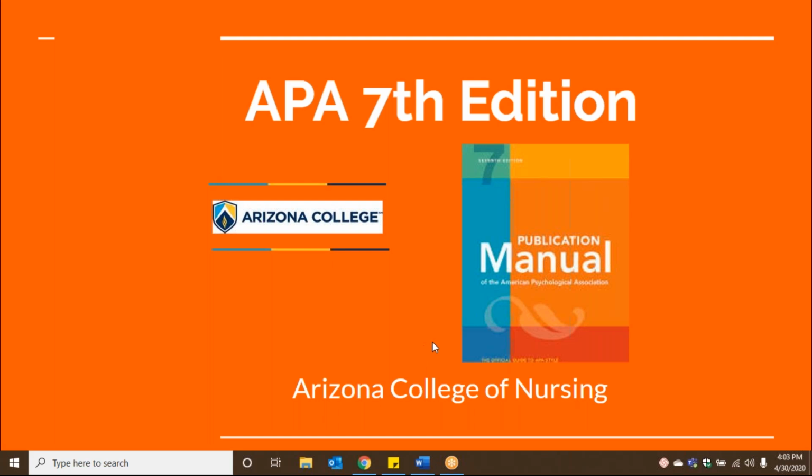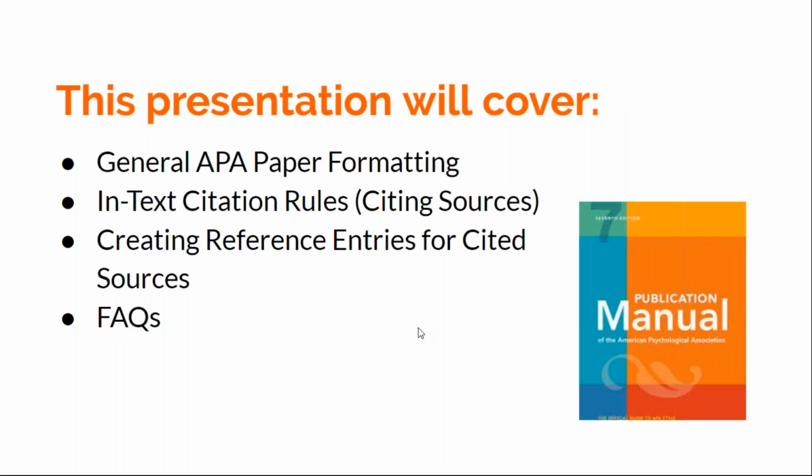So this is what the new publication manual looks like. And this presentation is going to cover, so I'll go over general APA paper formatting, just the basics. Citing sources within your paper, so the in-text citation rules. Creating reference entries for cited sources.